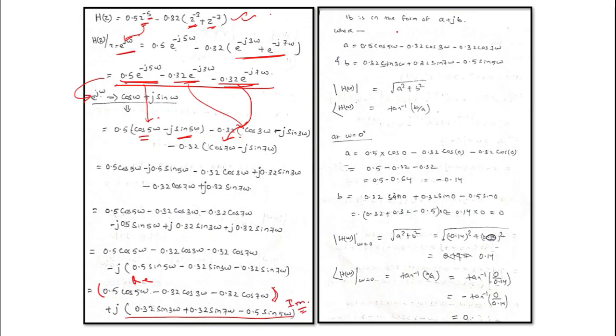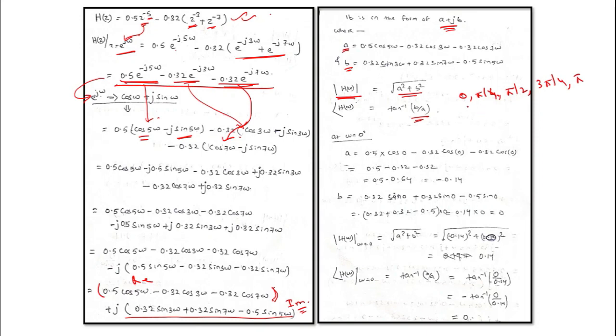Now it is in the form of A plus jB basically. So modulus of H omega will be given by square root of A square plus B square, and phase of H omega would be given by tan inverse of B by A. Now at different frequencies we had discussed 0, pi by 4, pi by 2, 3 pi by 4, and pi.